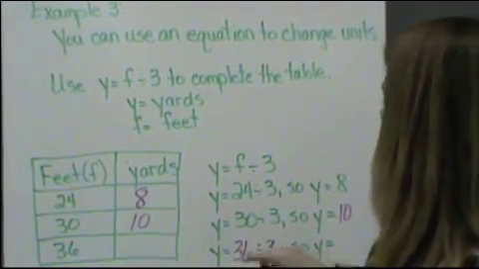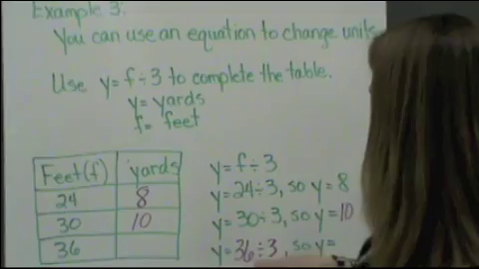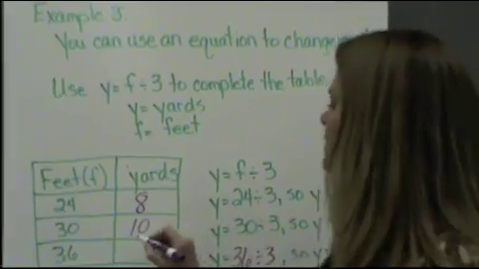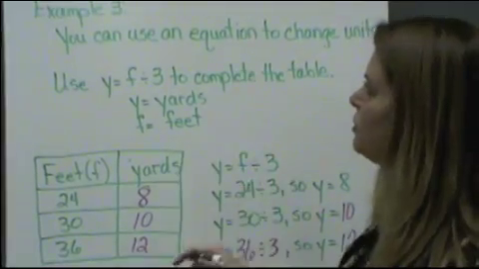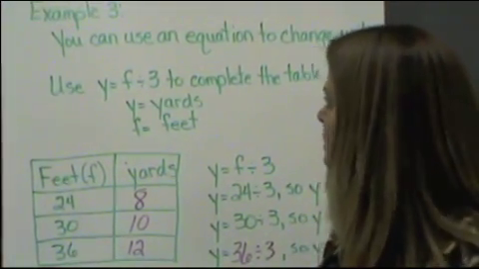So y equals, well, 36 divided by 3, that's a basic multiplication fact. 36 divided by 3 is 12. So I put 12 on my chart. And this is how you use an equation to convert and find equivalent measurements.